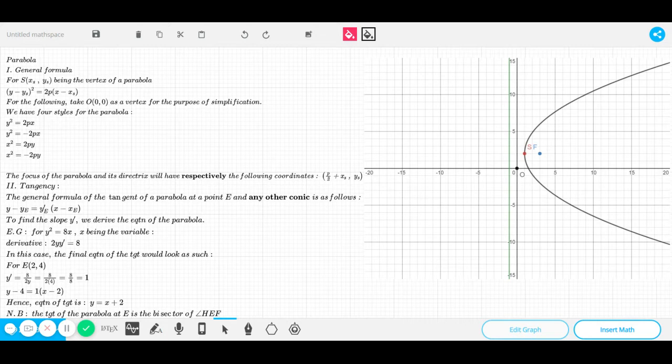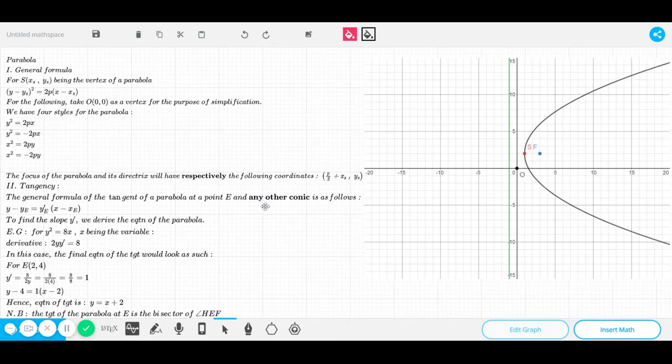So the coordinates of the focus will always follow this general formula: p over 2 plus x of the center, and y of the center. That is considering that the parabola is of the general formula y minus y of s squared, the general formula that you see over here. I'm moving the cursor over that general formula.